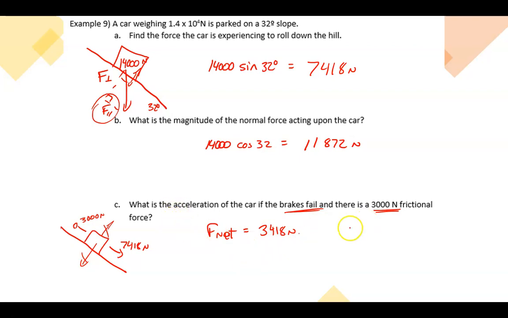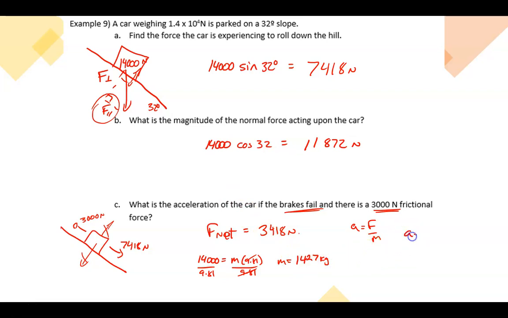To find the acceleration, we go a is equal to F over m, and mass. We don't have mass, we have weight. Well, fortunately, that weight is just equal to mg, which is 9.81, so we can find the mass by simply dividing the weight by 9.81. So we're doing this to find that the mass is 1,427 kilograms.